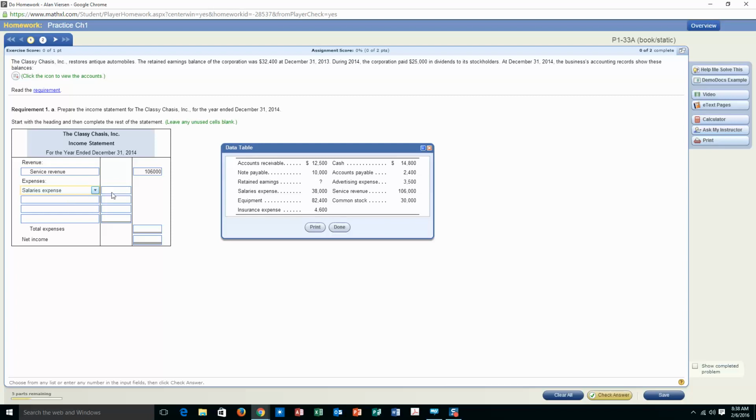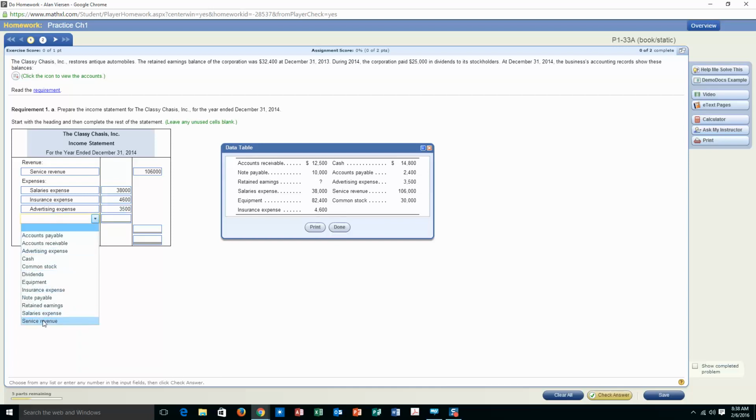Now, the appropriate way of listing expenses in the beginning is by the highest expense to the lowest expense. So salary expense is $38,000. The next expense is the insurance expense, which is $4,600. And then finally you have an advertising expense, which is $3,500.